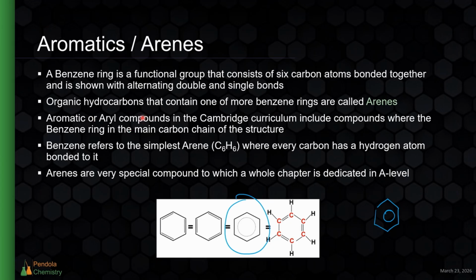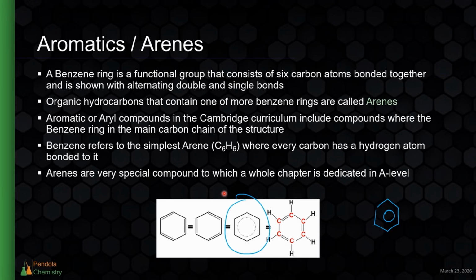So aromatic, arene, aryl, they all mean the same thing. It has a benzene ring somewhere in there. The term benzene is the simplest arene. It's just the carbon ring where every carbon has a single hydrogen attached to it, and we have those alternating double and single bonds.